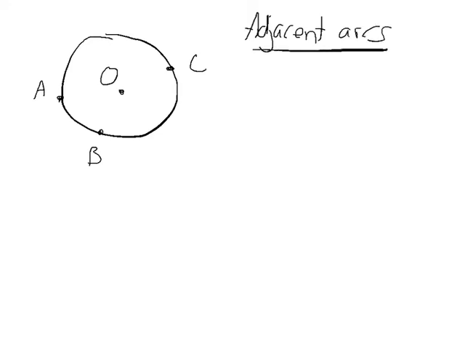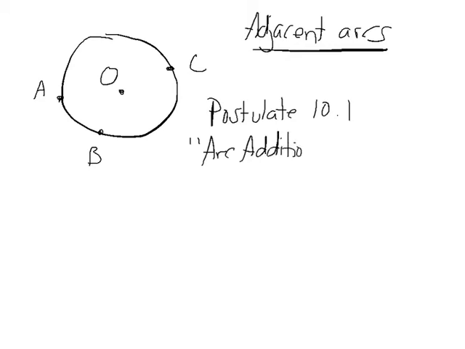Now, using this, we can write a postulate. This will be postulate 10.1, and it's going to be called the arc addition postulate. In our homework book, it is going to be homework postulate 16.